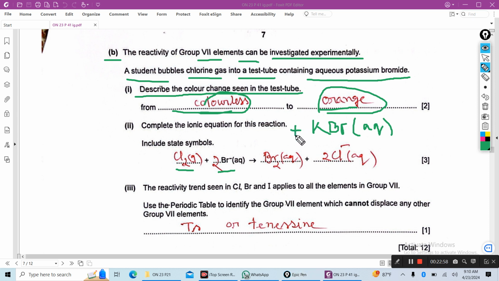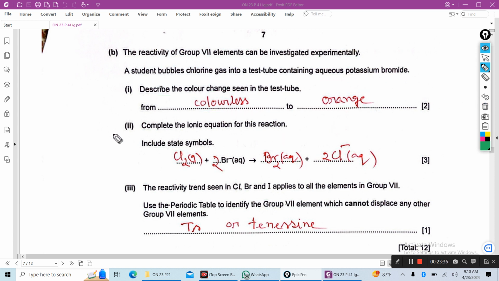If you pass chlorine gas through it, chlorine is more reactive than bromine, so KCl plus bromine aqueous solution will form. A displacement reaction occurs. So the observation will be: KBr aqueous solution is colorless, bromine aqueous is orange. So the colorless solution turns to orange. That's the answer.